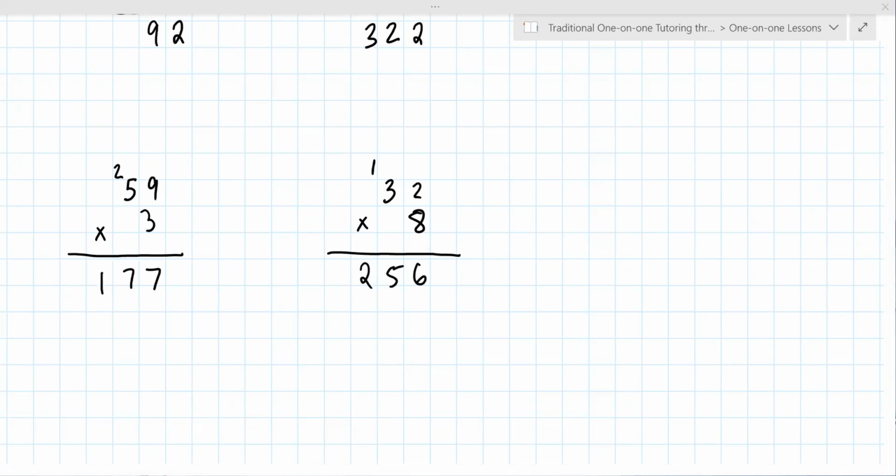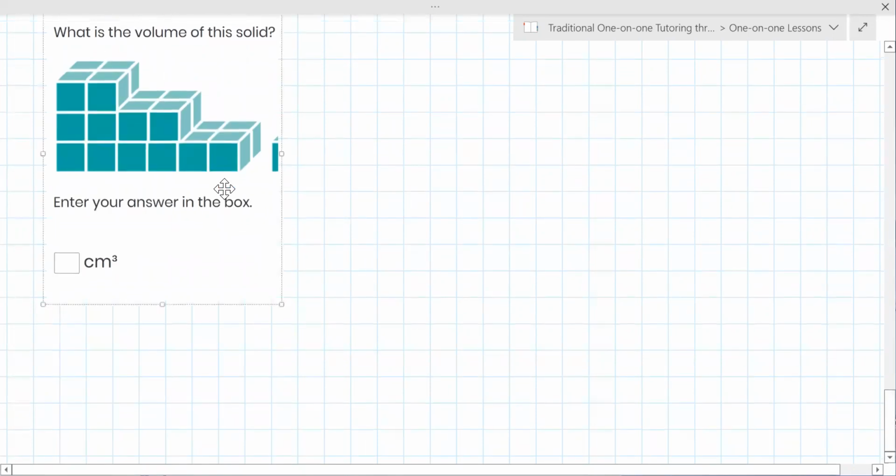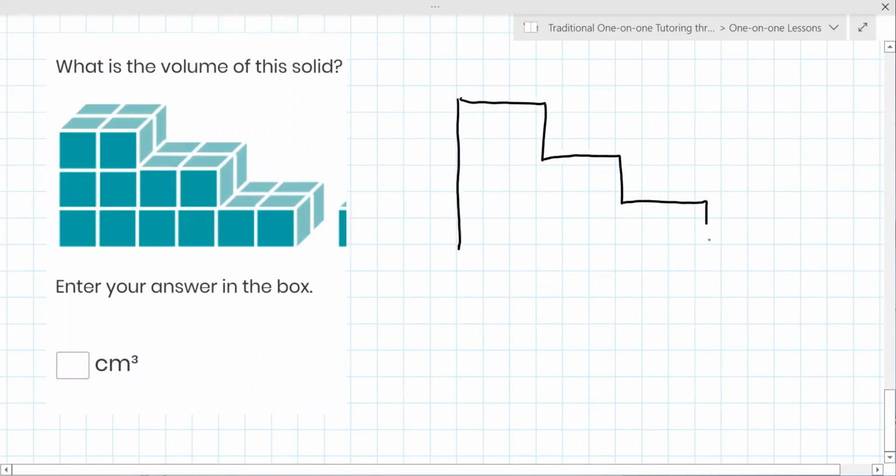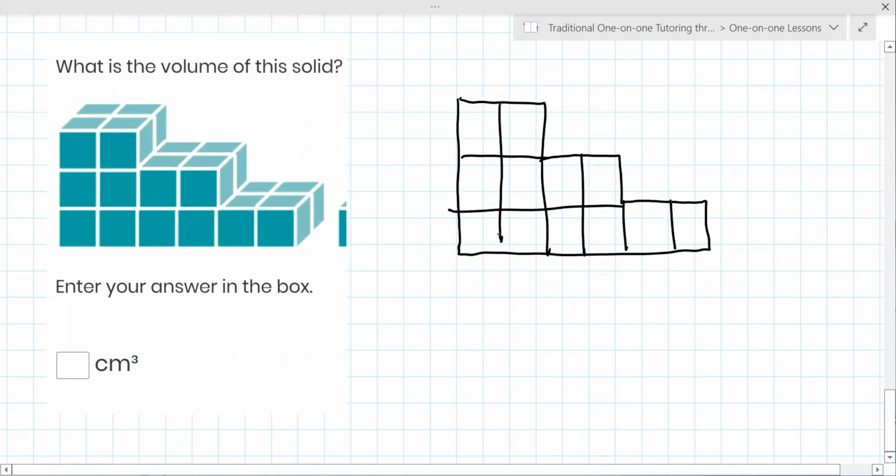Let me grab a new problem here. What I want you to look at is the front. You've got 2, 2, 2, like this, and I just want you to count. That's the front view of this.